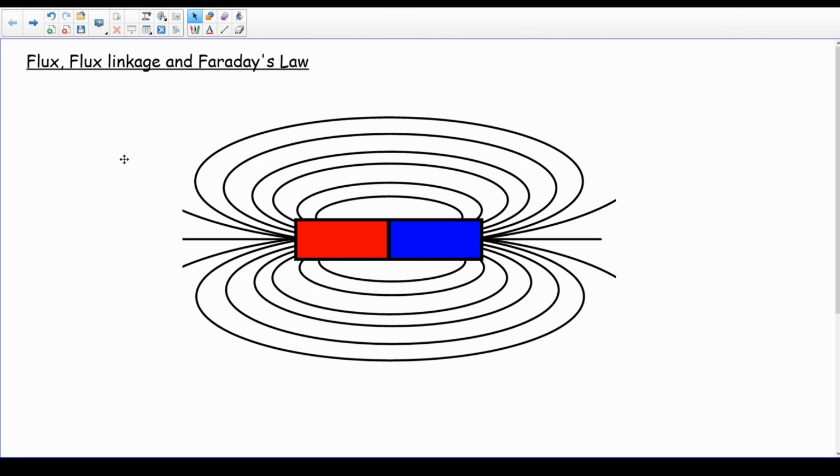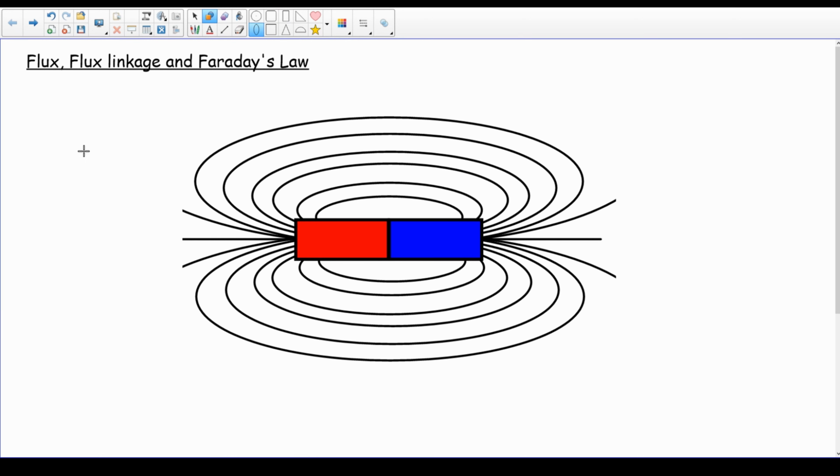Okay, so let's remember our way back to our last lesson where we were looking at magnetic field strength. The idea was that the magnetic field strength of a magnet was simply its magnetic flux density, which was how many of these little lines could you fit into a particular area.